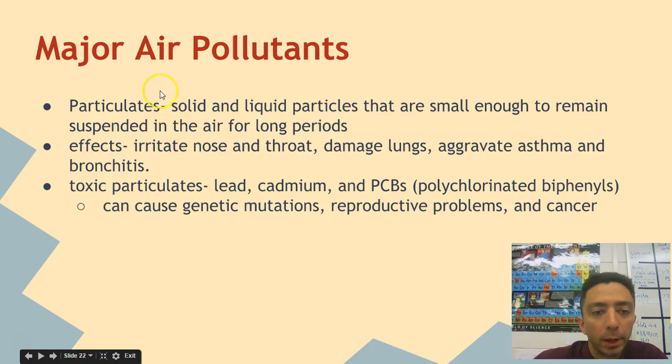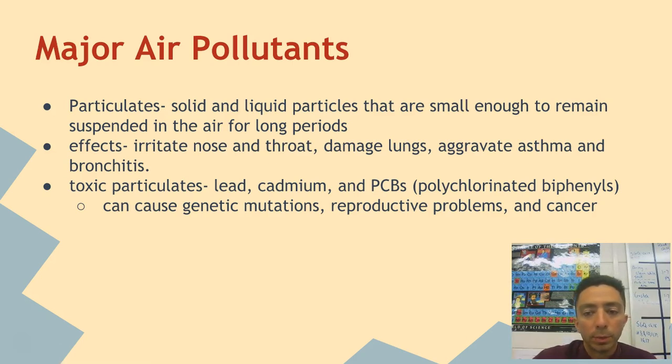Another major air pollutant is particulates, which is kind of an overall umbrella term almost for just solids and liquids that are small enough to float on the air for extended periods of time. These things can build up in your lungs and airways and respiratory tracts and cause some damage. A real concern with the particulates is if you have particulates like lead, cadmium, or PCBs that are carcinogens or neurotoxins in the case of lead.